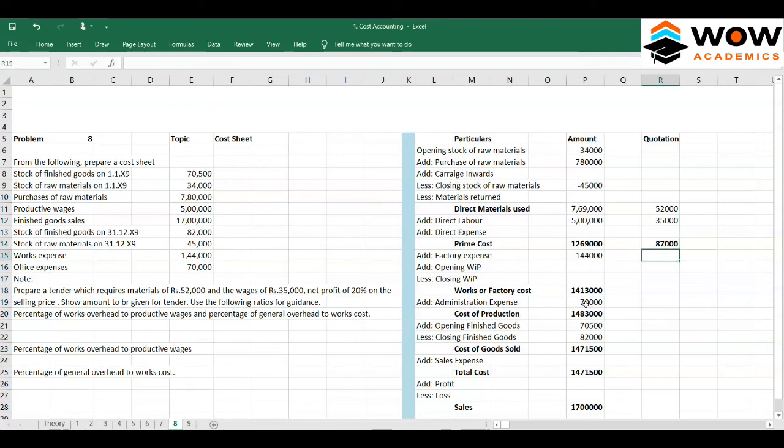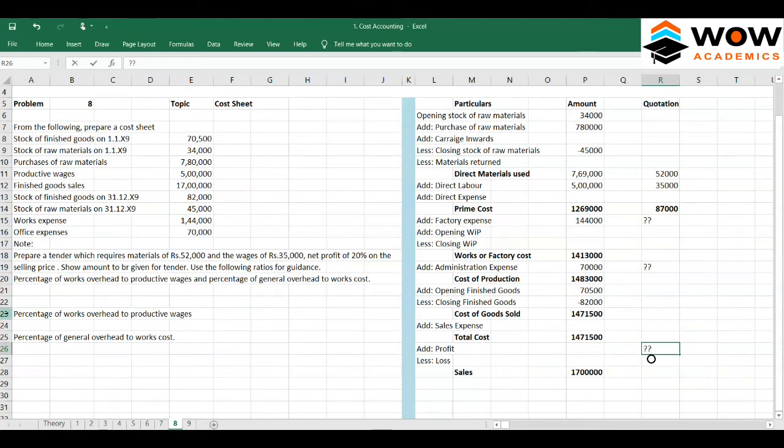Now we have to get these values: factory expense, administration cost, sales expense we don't have, we have to get profit. So only three numbers we have to find. So the first number is percentage of works cost. Okay, so we'll start.